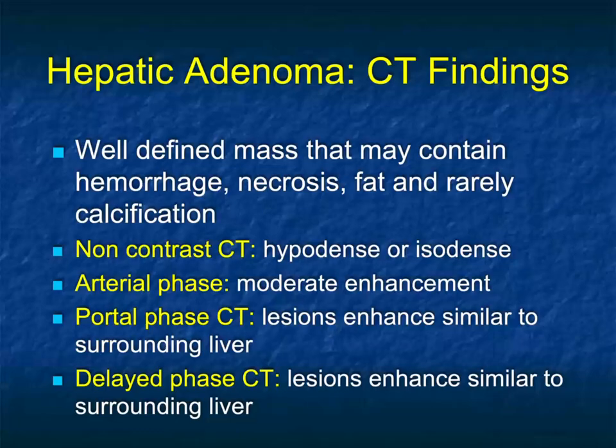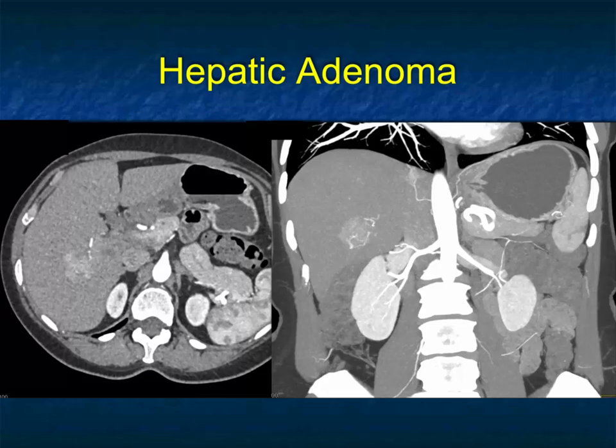Typically, it's hypodense or isodense on non-contrast scans, though you often will see a mass effect when they're larger. There's moderate arterial enhancement. The lesions enhance similar to surrounding liver and tend to begin to become isodense on the portal phase imaging, and on delayed phase imaging will commonly be isodense unless there's areas of central necrosis or bleeding within the lesion.